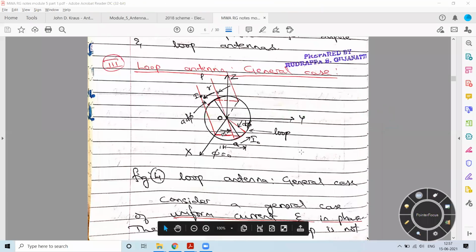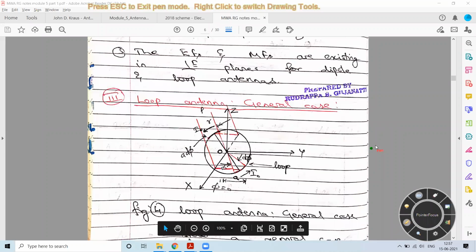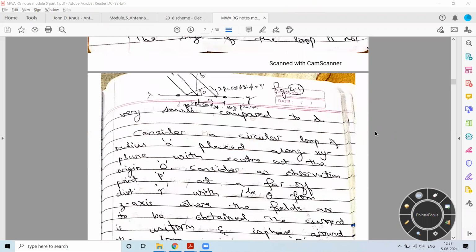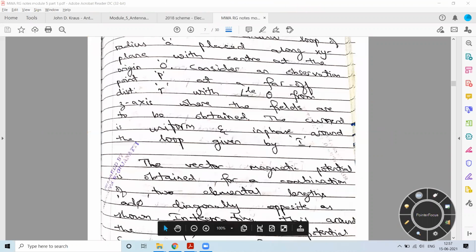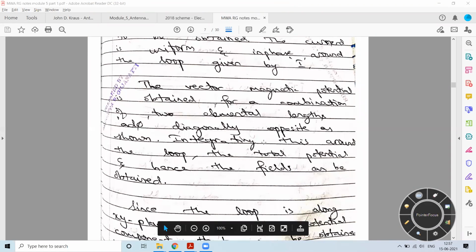Based on that, we look forward to the derivation, and in order to do this, we again make use of the vector retarded potential. These are the considerations we have to keep in mind in this derivation.